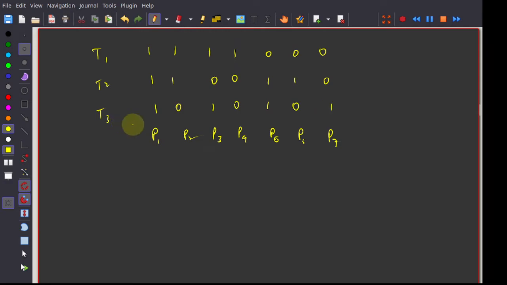Now let's look at the columns of this array that I have written. All of these columns are distinct; none of them repeat. If person 1 is positive, then I'm going to get positive, positive, positive. If patient 4 is actually infected, then I'm going to get positive, negative, negative.